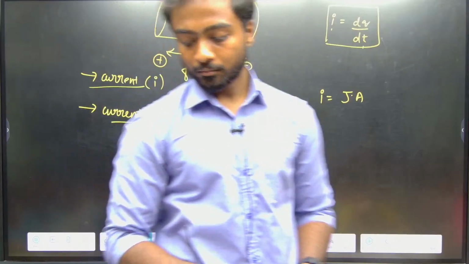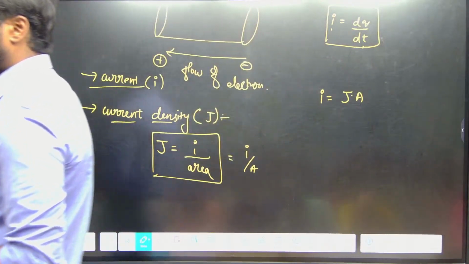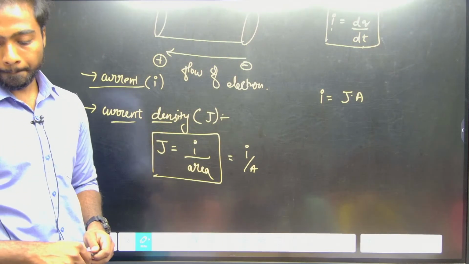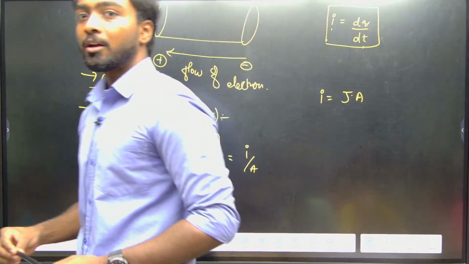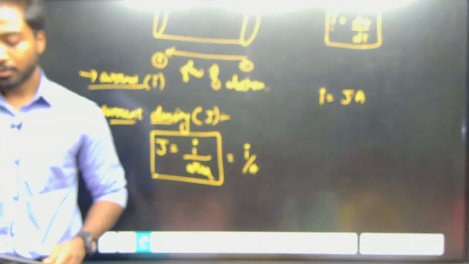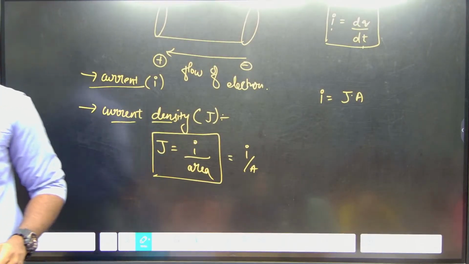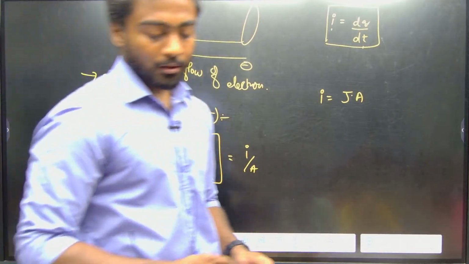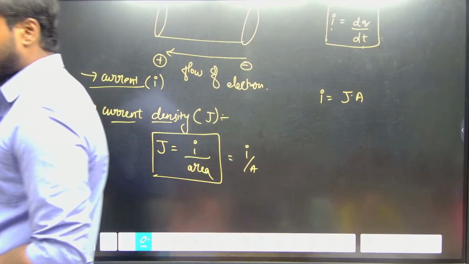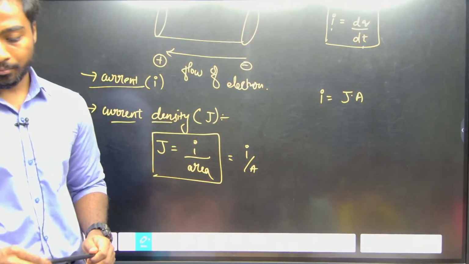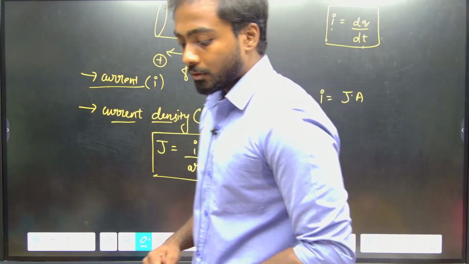Write down the question. Find the number of charge flowing through a cross section, if 1.6 ampere current flows for 10 seconds.